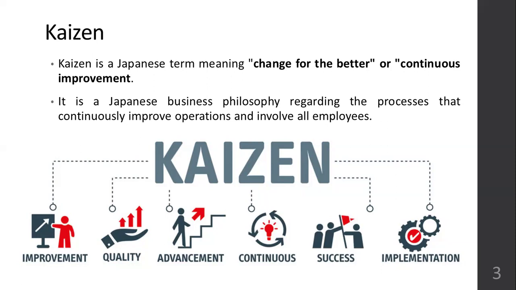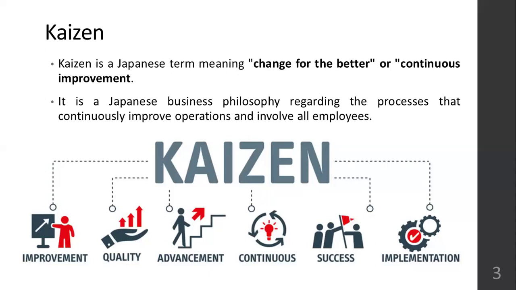This philosophy is regarding the processes that continuously improve operations, and it has to involve all employees. Kaizen is about all employees from the top management to the lower level, operational management. Each and every employee should be involved in the Kaizen process.